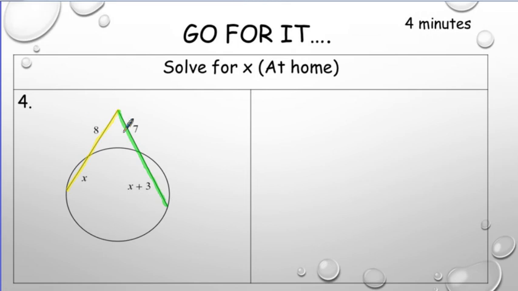I'm dealing with line segments, so the formula that I'm going to use is outside times whole should equal outside times whole. You need to make sure you remember these formulas. You need to know what type of line you're dealing with and the formula that goes with it.